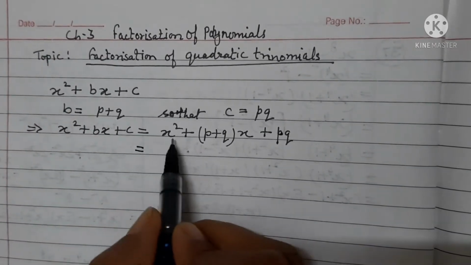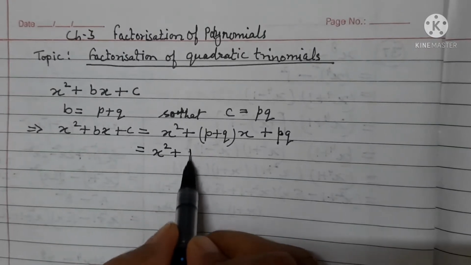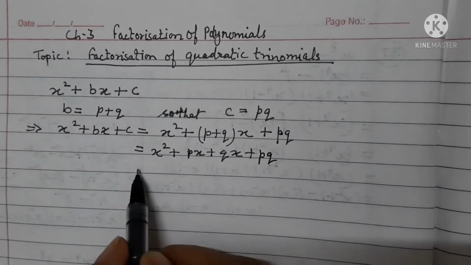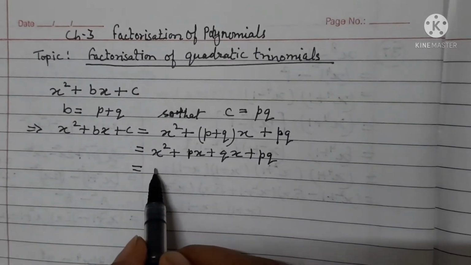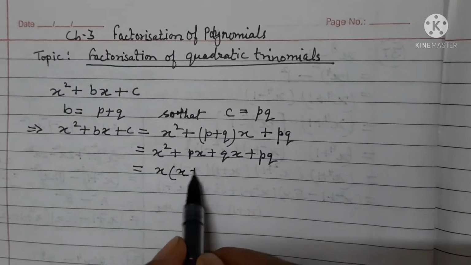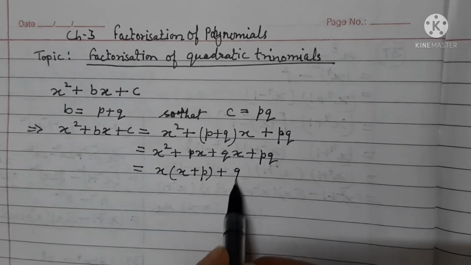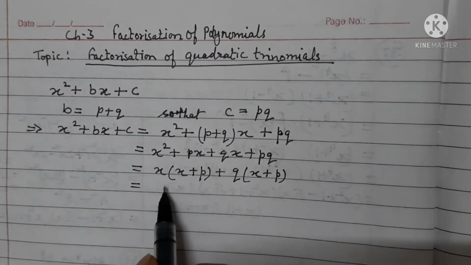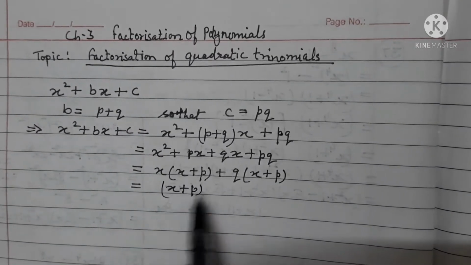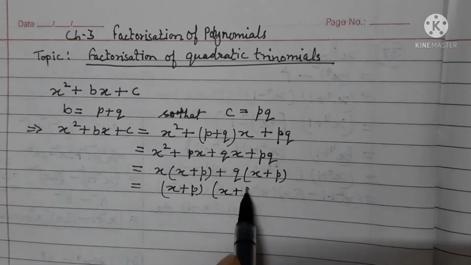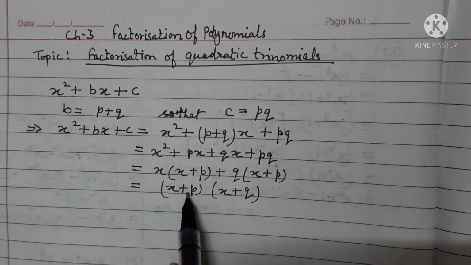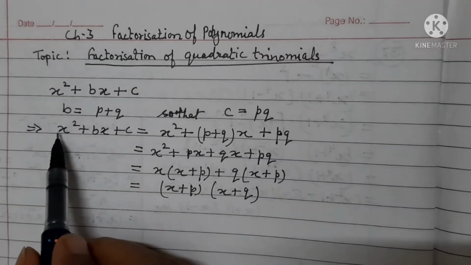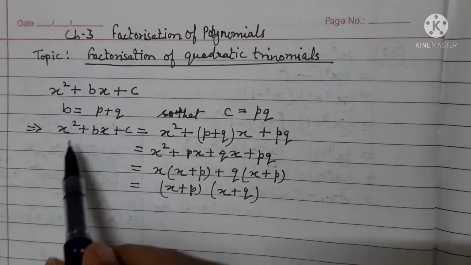You can write it like this: x square plus px plus qx plus pq. Take x common, x plus p, plus q common, x plus p, and you will get x plus p common and x plus q. Such type of factorization you have already known, where the coefficient of x square is 1.